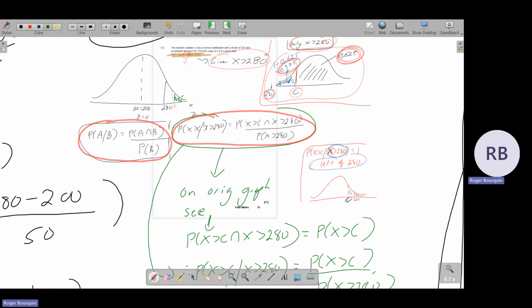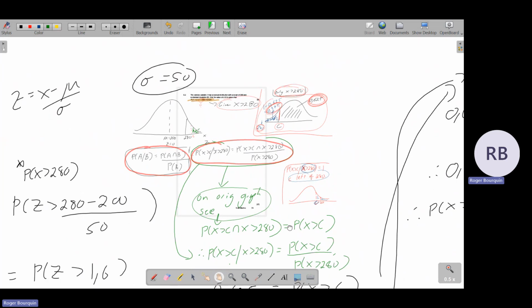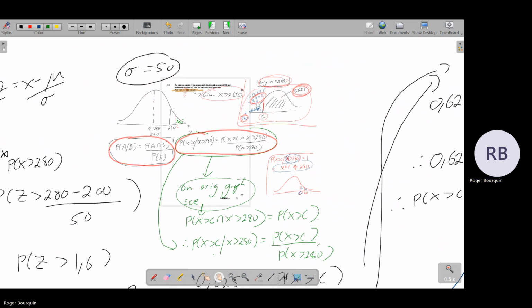If we look at this original diagram, this probability that x is bigger than c and x is bigger than 280, where is that on the diagram? Well, two things have to happen. x has to be bigger than c and x has to be bigger than 280. Where do both conditions get met?